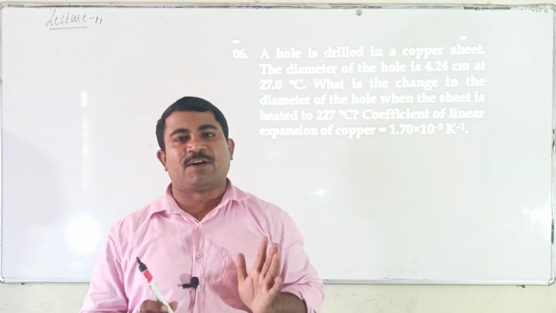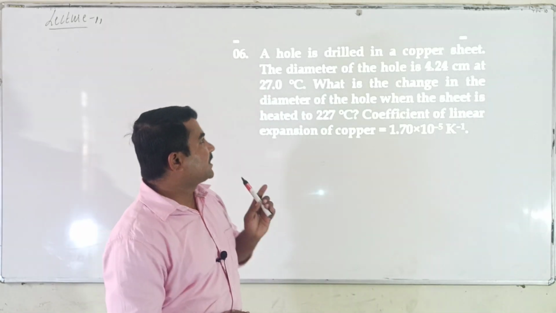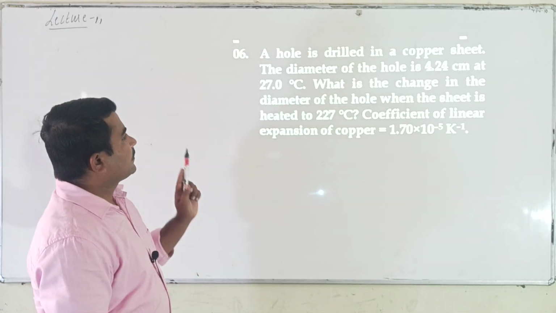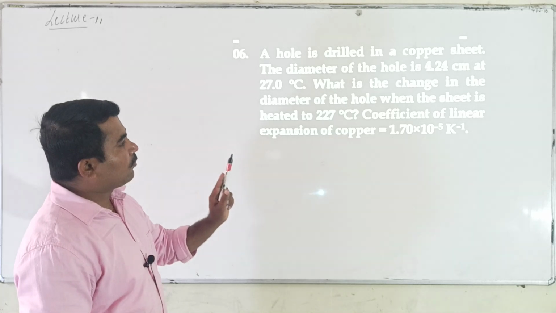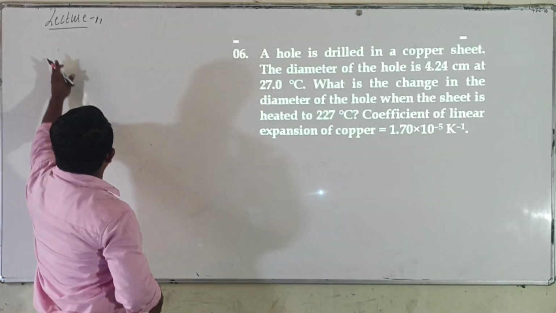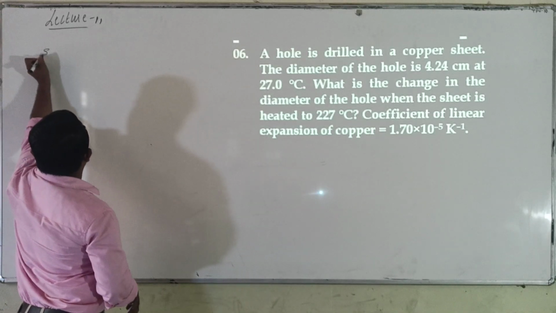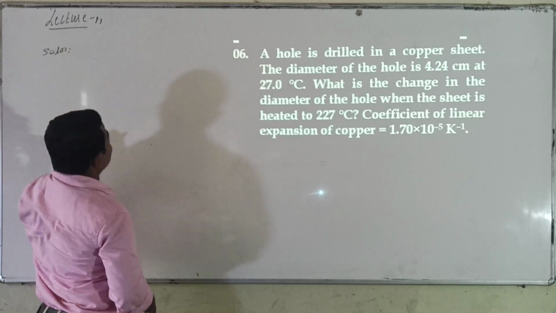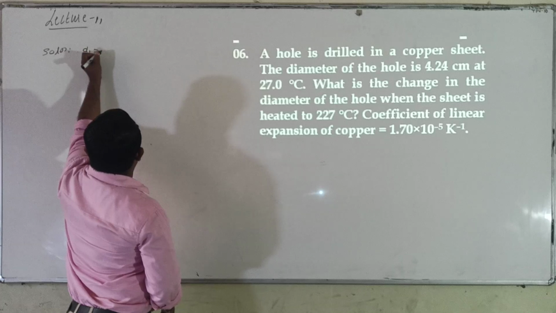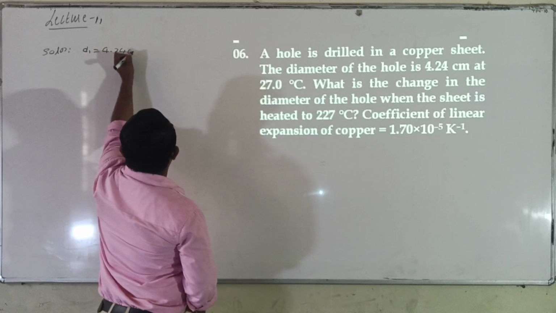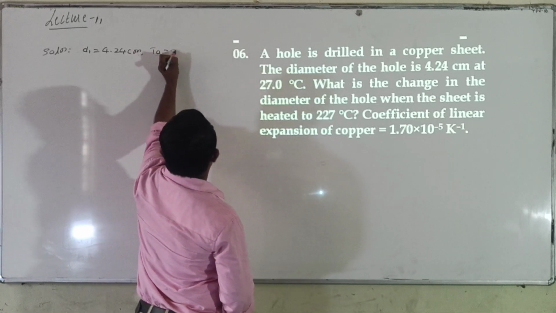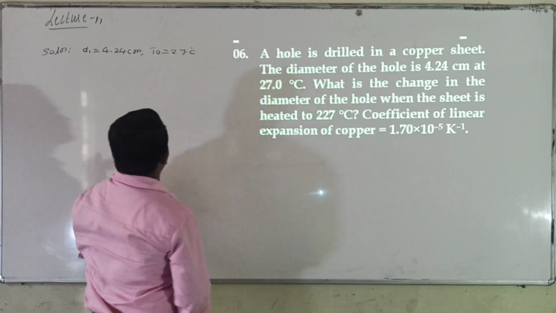The question is very simple. I can solve it. What has been given? A hole drilled in a copper sheet, and the diameter of the hole is 4.24 centimeter. Solution: D1 is the hole diameter, 4.24 centimeter, at temperature T0, which is 27 degrees Celsius.